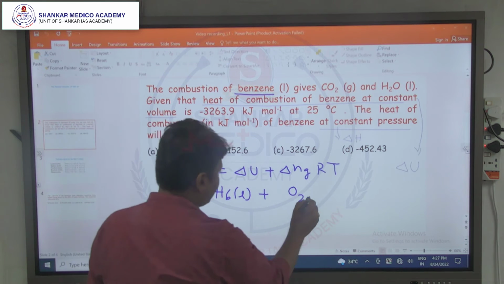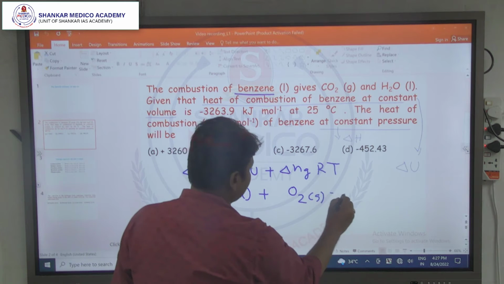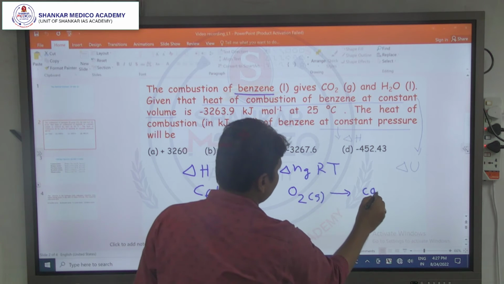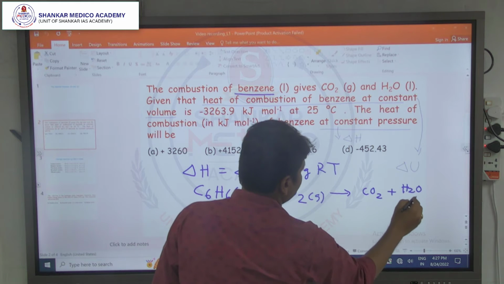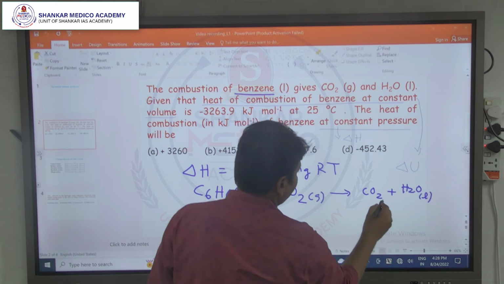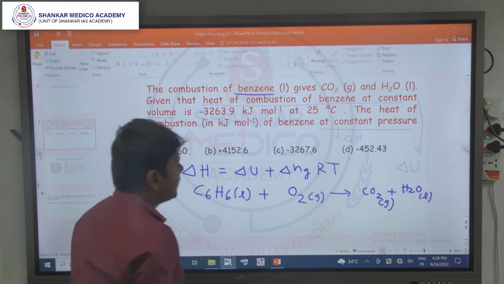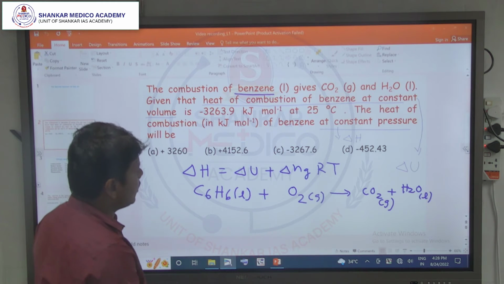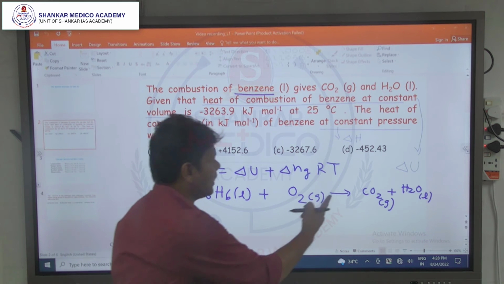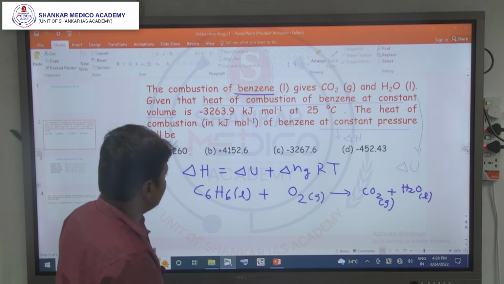So, oxygen is your gas, that gives me CO2, then H2O. So, H2O here is liquid and carbon dioxide is gas. Now, we need to balance. This is 1 mole of benzene undergoing the combustion and giving carbon dioxide and water. So, how do we balance?